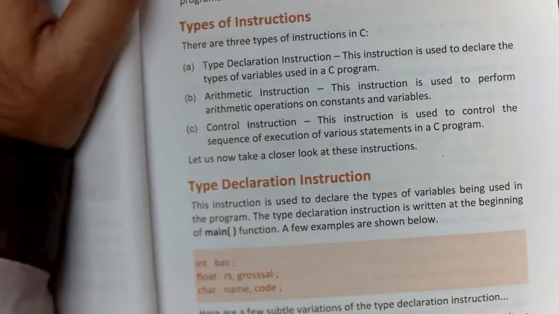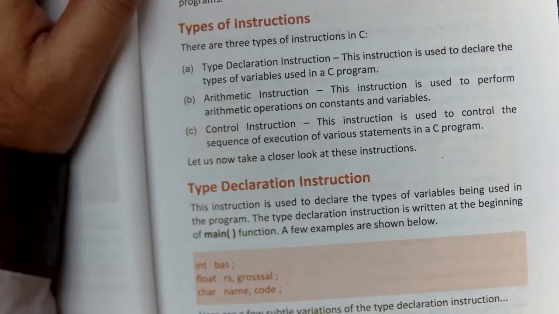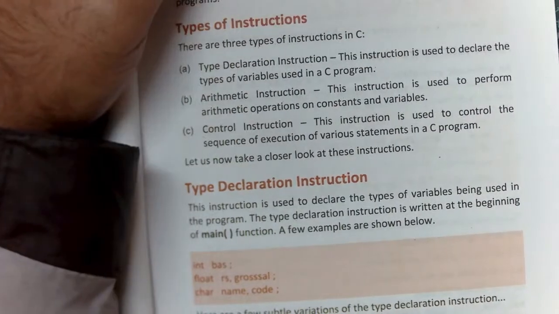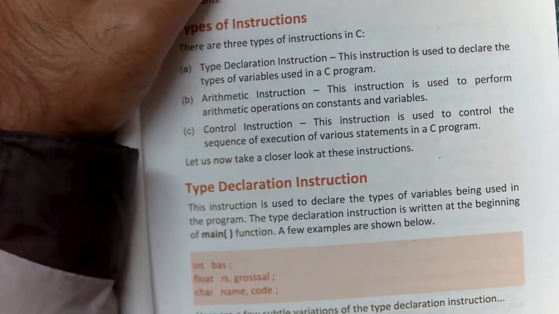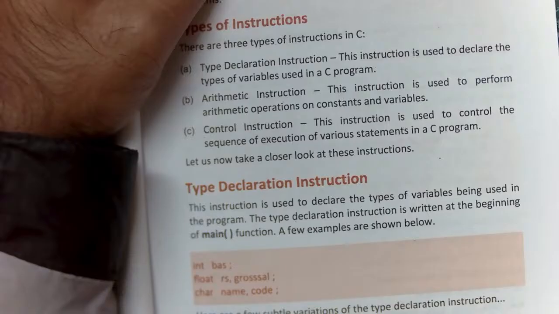Okay, so type declaration instruction. This instruction is used to declare the type of variables being used. The type declaration instruction is written at the beginning of the main function.